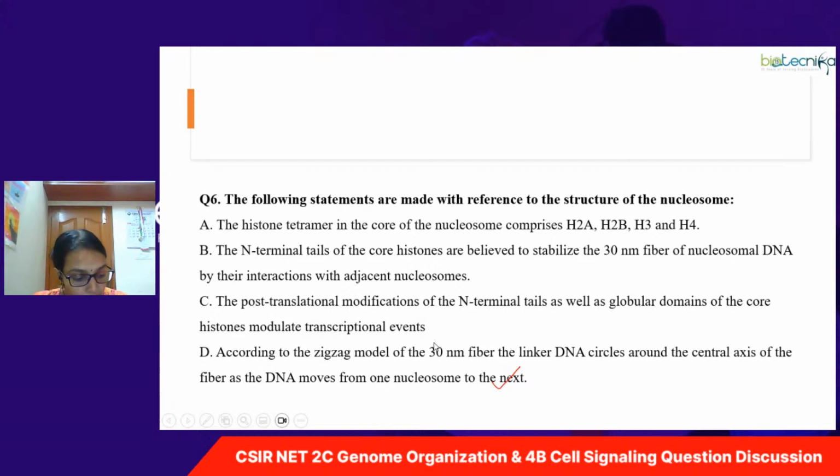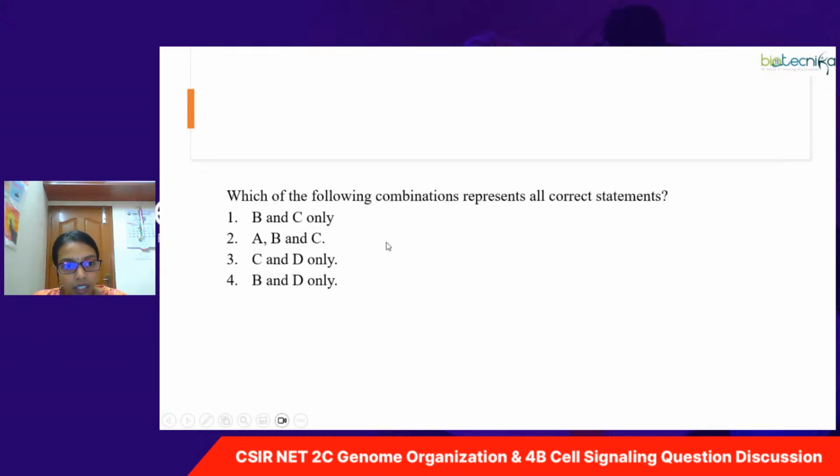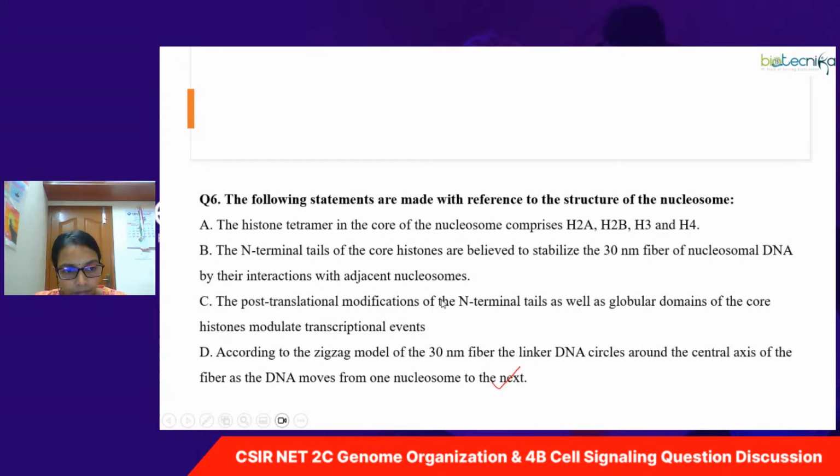So what has to be the correct answer? Okay, I can see Vanishri, Suresh and Anupam gave answer 3. What does 3 say? C and D only. Okay. Any other answers from your end?